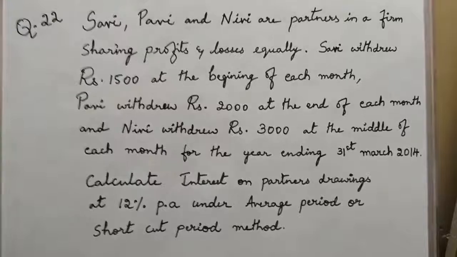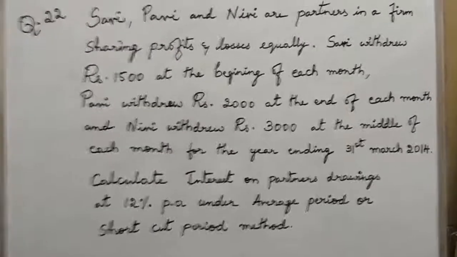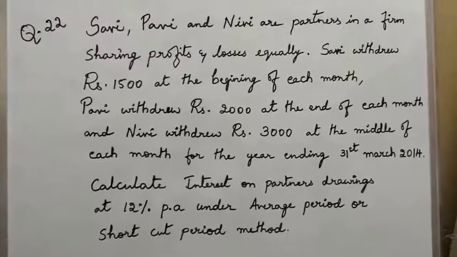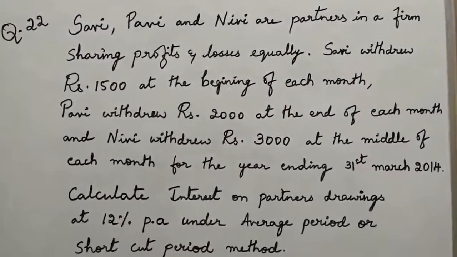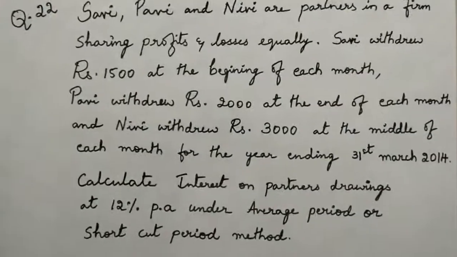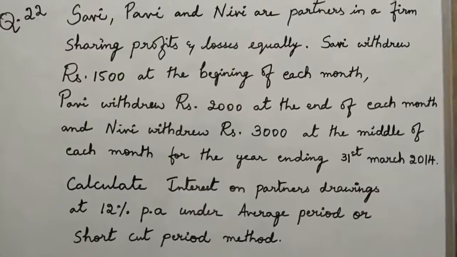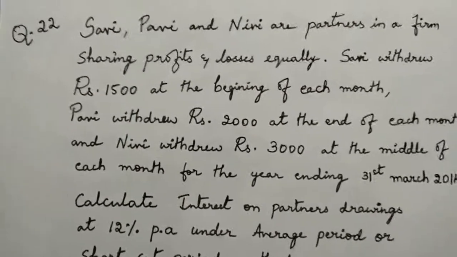So here average period is also called as shortcut period method. So now let us see how the calculation is going to be for each partner. Before going for the solution, let us first mark who are the partners, their drawings and the periods that is mentioned.